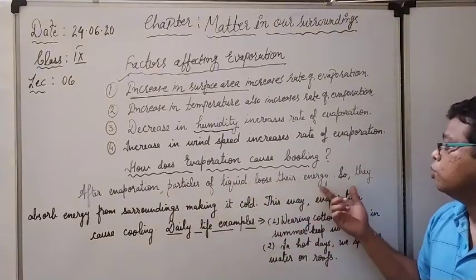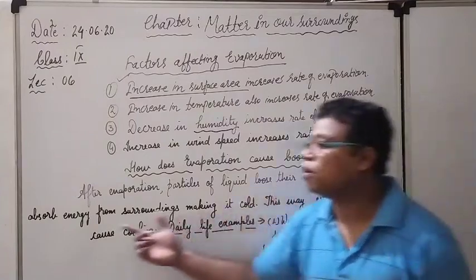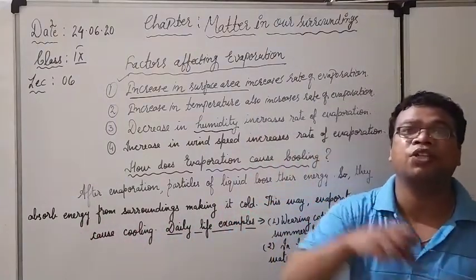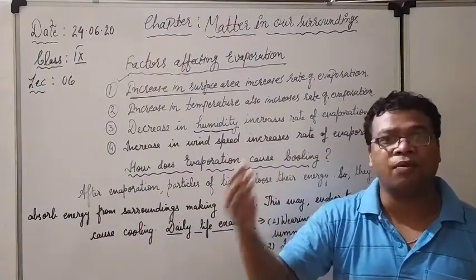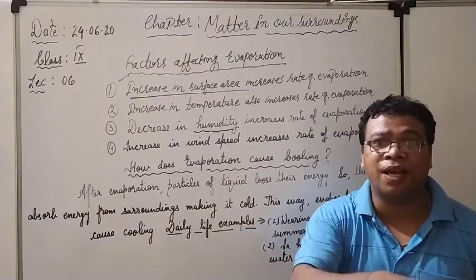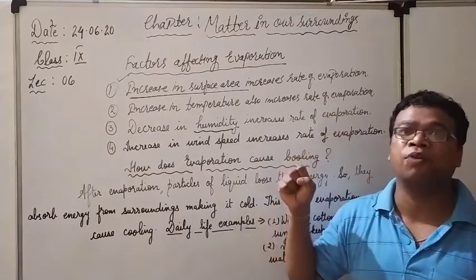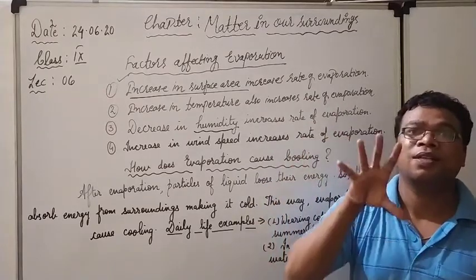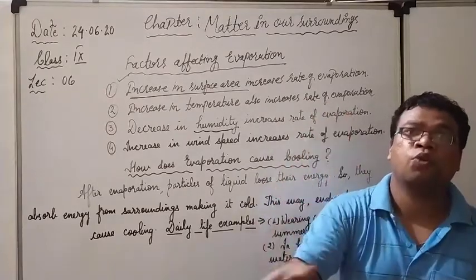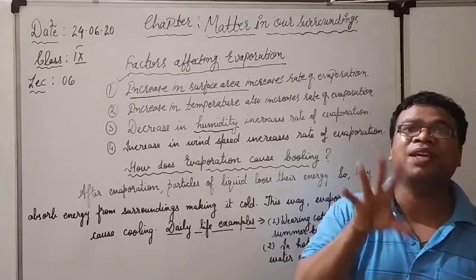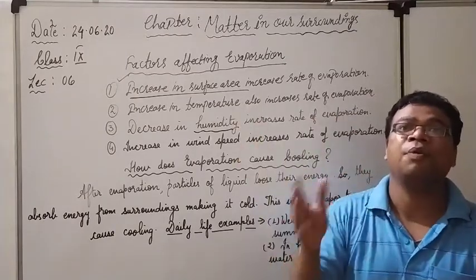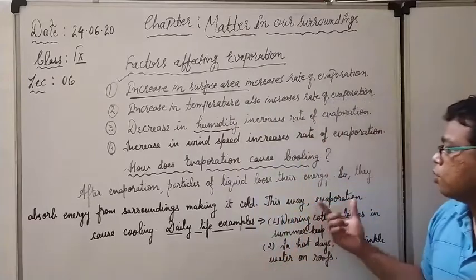So what do they do for the balancing of the energy? They absorb the energy from the surroundings, because they lost their energy, and that's why they are taking the energy from the surroundings. Because they are taking the energy from the surroundings, or you can say the surroundings are giving energy to them, the surroundings that give energy to the liquid particles become cold.